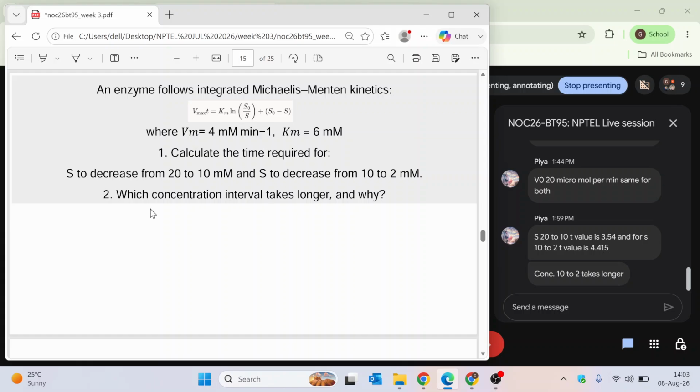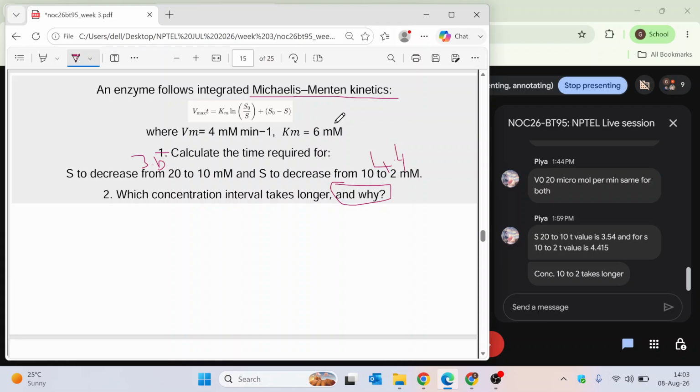You are just going to compare two values and say which is greater. That's fine. But the important part is the why. When you substitute, you get 3.5 here and 4.4 here. And we have mentioned that it is going to be Michaelis-Menten kinetics.